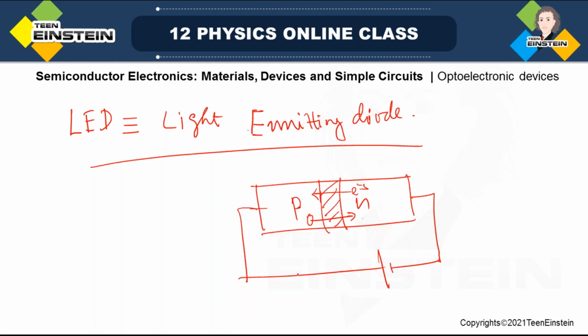So in this course, what happens? One electron and another hole recombine with each other. This is called recombination.